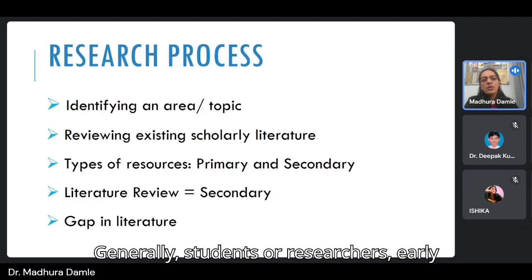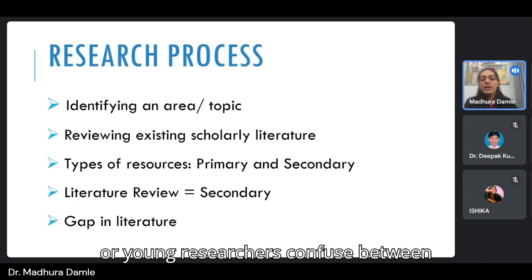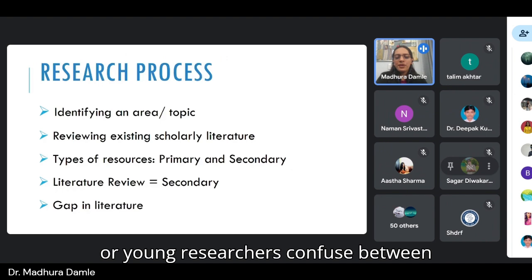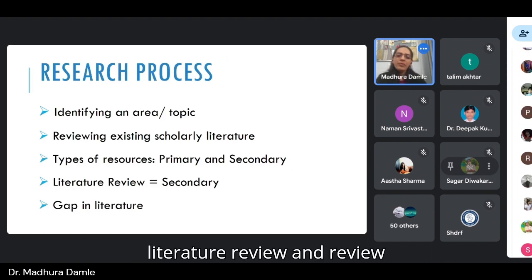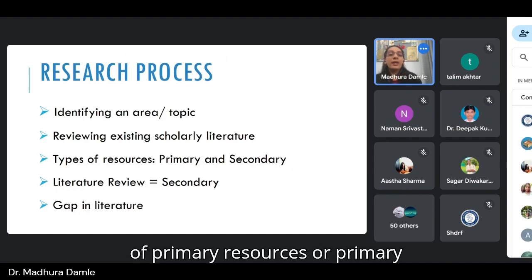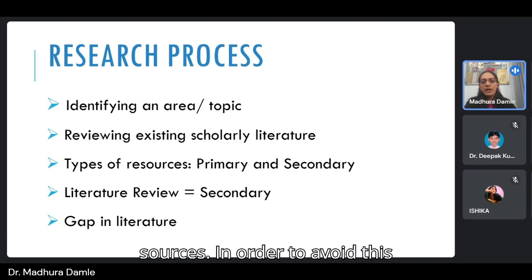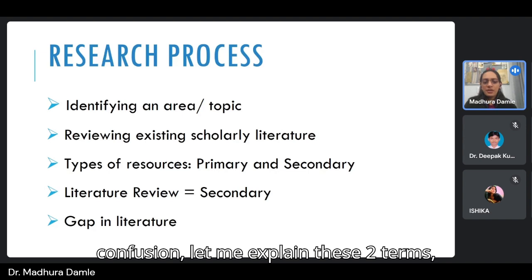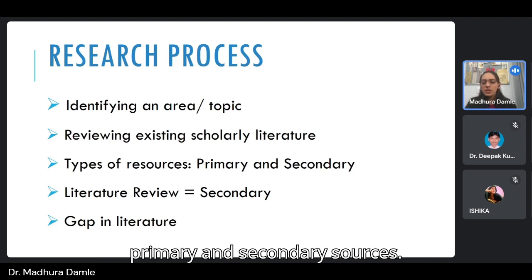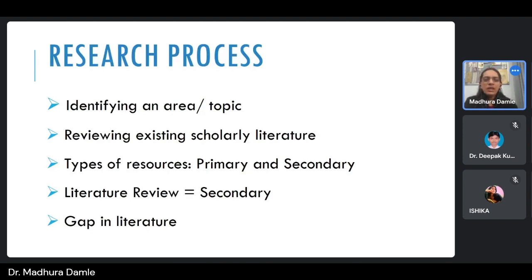Generally, students or researchers, early or young researchers, confuse literature review with review of primary sources. In order to avoid this confusion, let me explain these two terms, primary and secondary sources. Suppose I'm working on experiences of Dalit women as reflected in Dalit women's autobiographies.